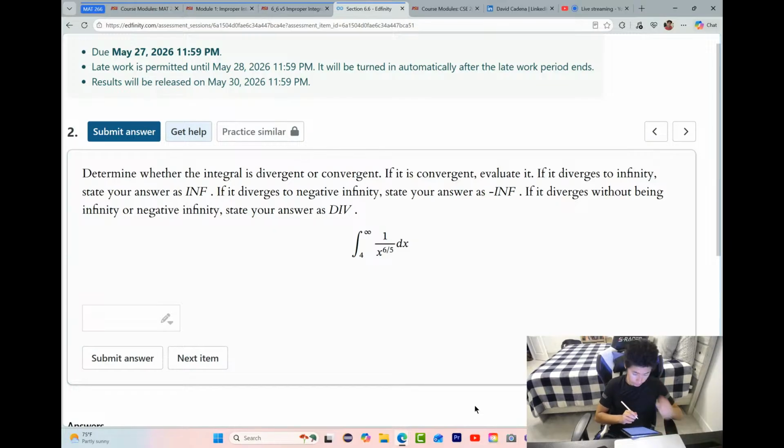Perfect. Okay, good. Let's simplify further, to the power of 1/5.